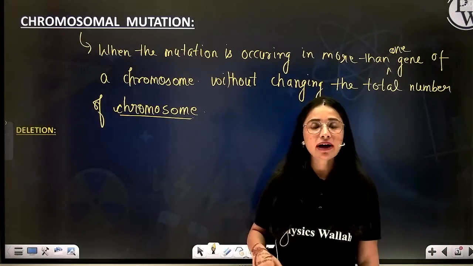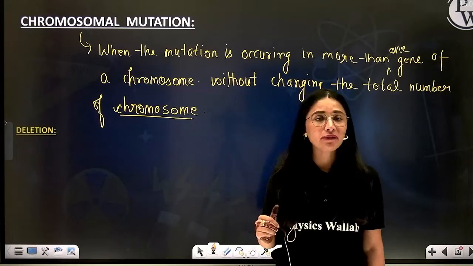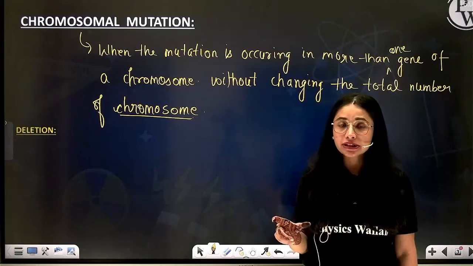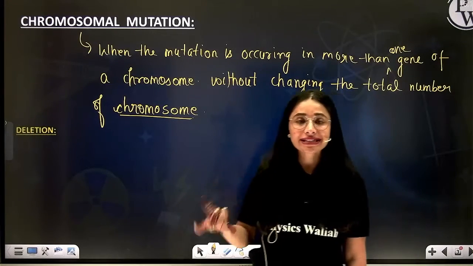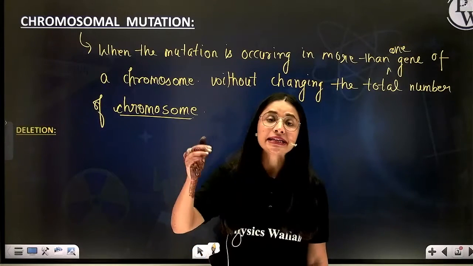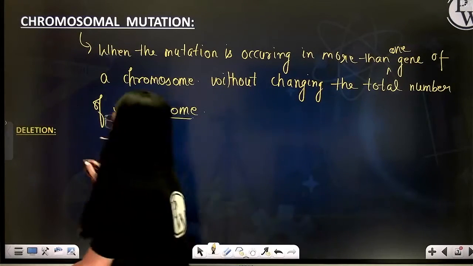So basically, you have to study four to five types of chromosomal mutation. First is deletion. Deletion means, beta, when a segment of a chromosome consisting of more than one gene gets deleted. So what is a deletion mutation?